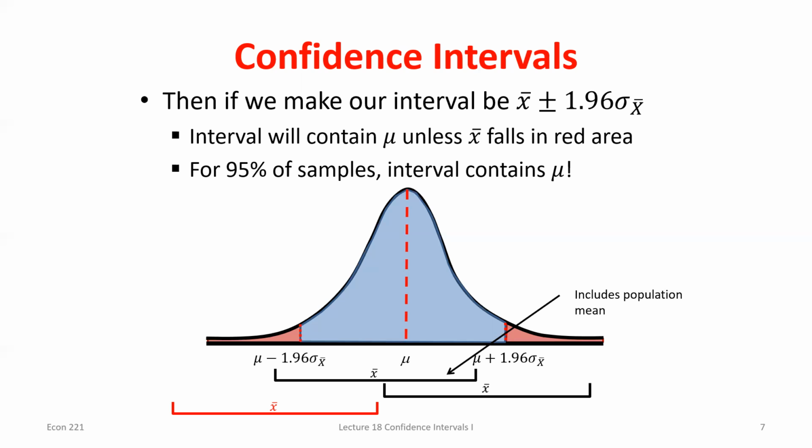Well, I just won't go out 1.96 standard deviations. I'll go out a different number of standard deviations. So let's say now I want 90% confidence. What would the area in my tails be?